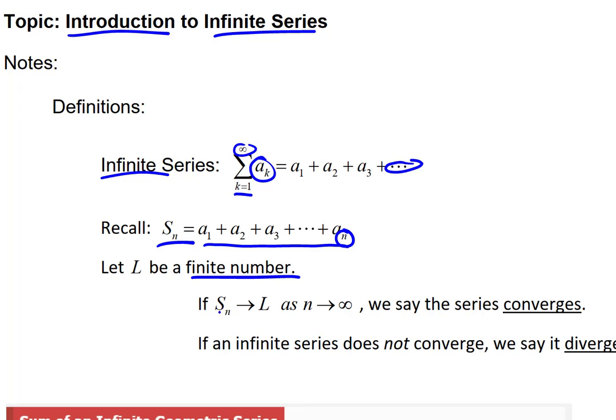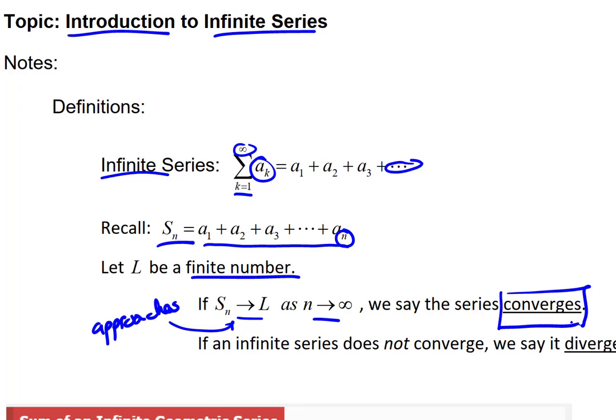It turns out that if S sub n, that's this partial sum, approaches, that's what the arrow means, approaches, it means it gets closer to, right? So approaches L, as n approaches infinity, then we say that the series converges. That's just a definition or vocabulary word.